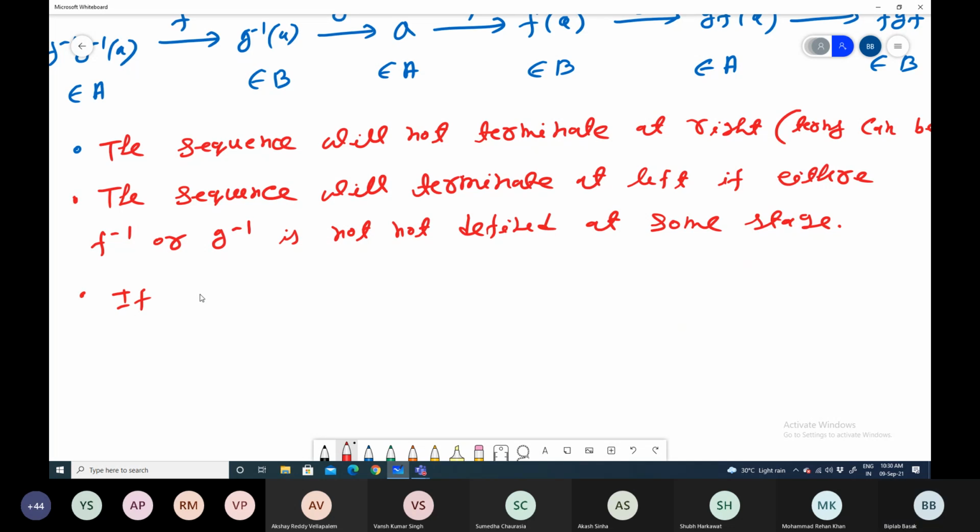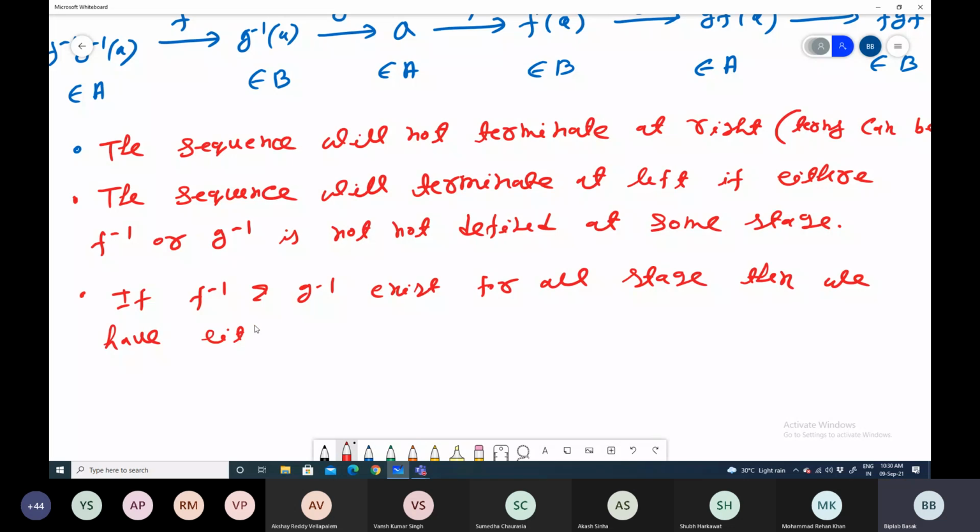If F inverse and G inverse exist for all stages, then we have either cyclic or doubly infinite sequence.